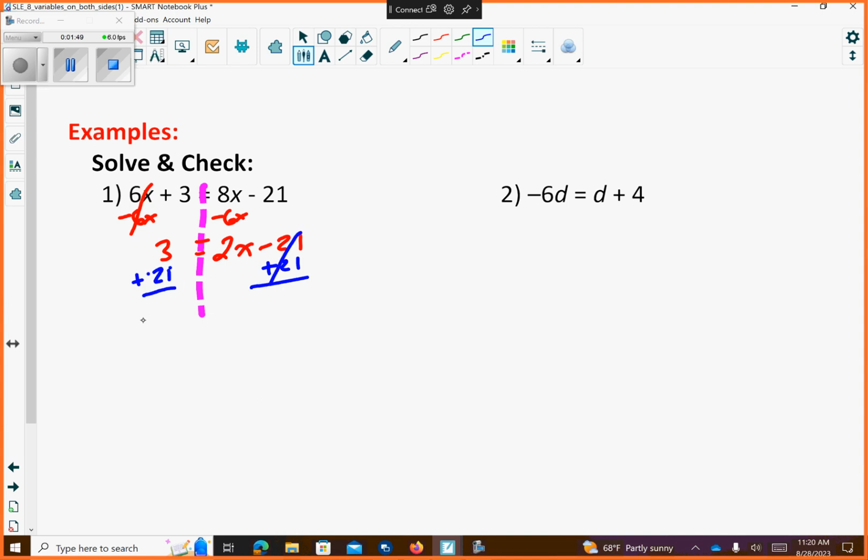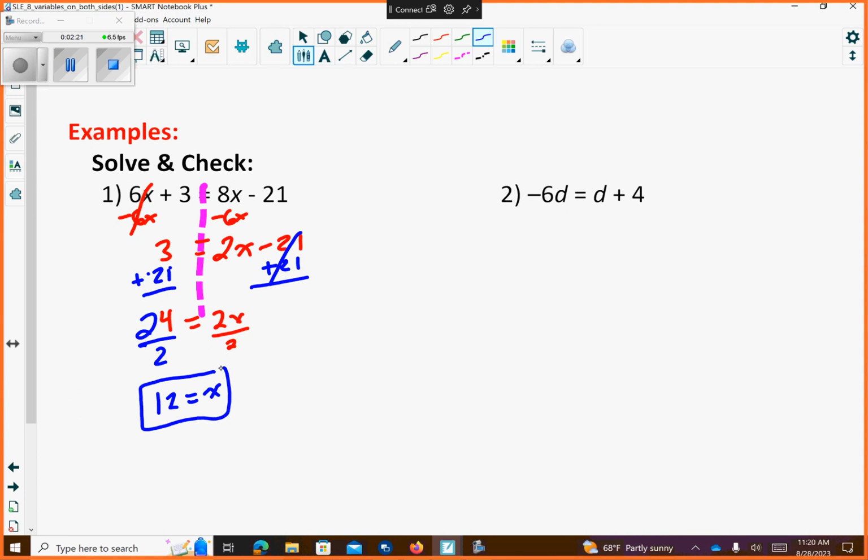These cancel, so it's going to be 24. And then we'll divide both sides by 2. So we find that 12 is equal to x, and there's our answer.